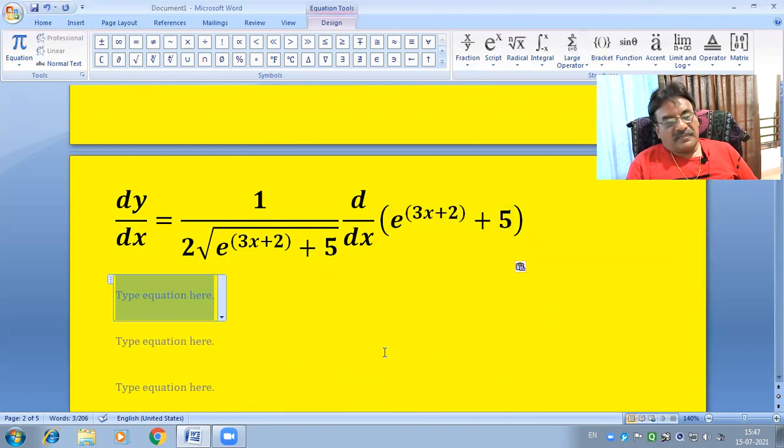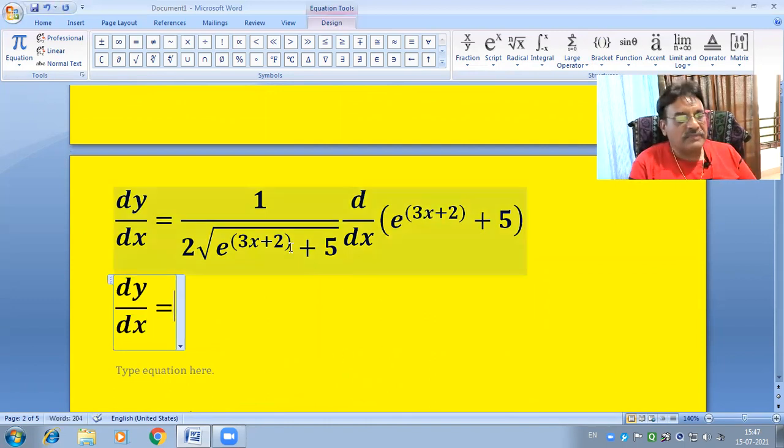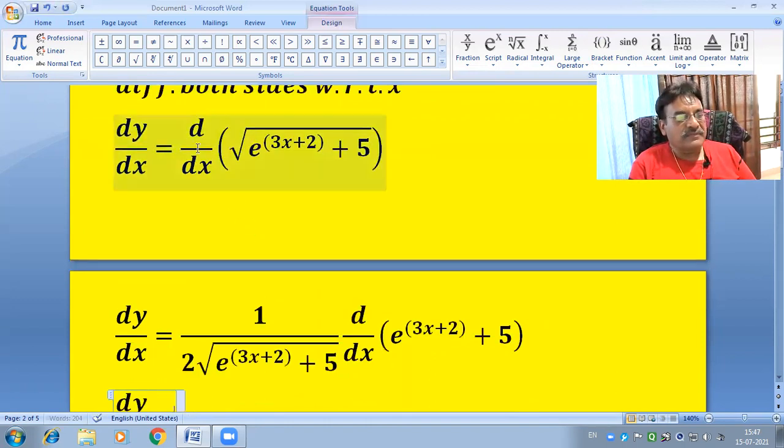Therefore dy by dx is equal to, again we repeat this step: we find d/dx of under root e to the power 3x plus 2 plus 5, using the formula d/dx of under root f(x) equals 1 by 2 under root f(x) into f dash of x. Similarly, dy by dx is equal to 1 by 2 under root e to the power 3x plus 2 plus 5, into d/dx of e to the power 3x plus 2 plus 5.